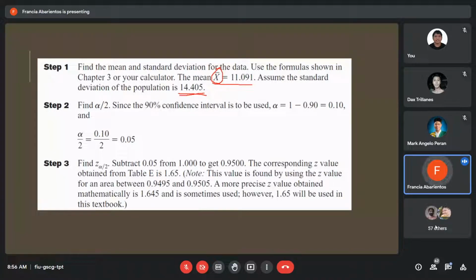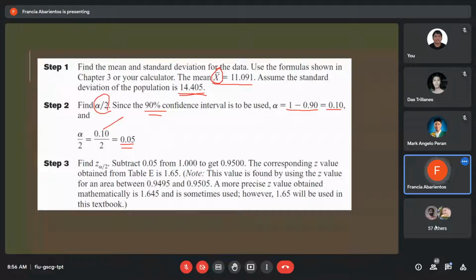Since given sa atin yung 90% na confidence interval, sabi ko nga 1 minus 0.9, that is 0.10. Since this, we need to find the alpha divided by 2. 0.10 divided by 2, we have 0.05. Okay?